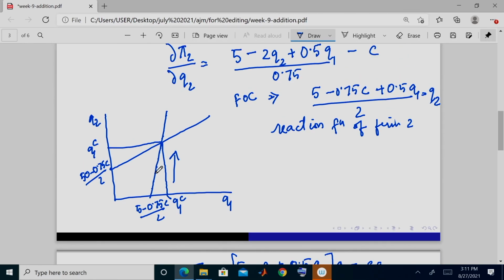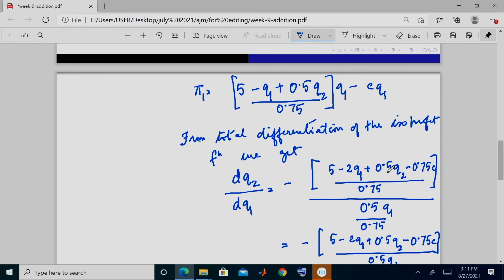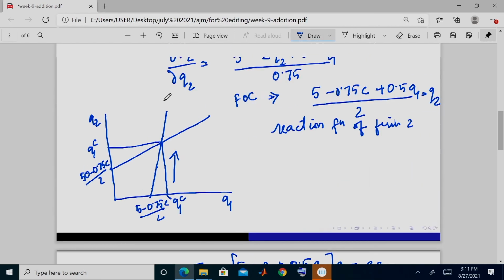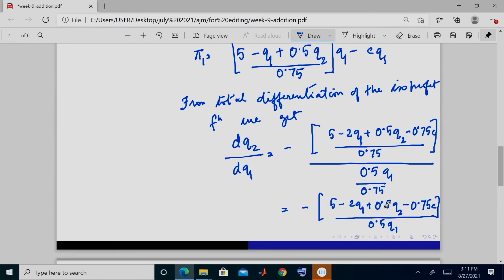So, if we fix Q2 and keep on increasing Q1, this is going to take a negative value, it takes a 0 value when it is in this direction. So, it will be something like this. And if we keep on decreasing Q1, keeping Q2 fixed, then what is happening? This is going to take a negative value, this is going to take a positive value, and this is negative.